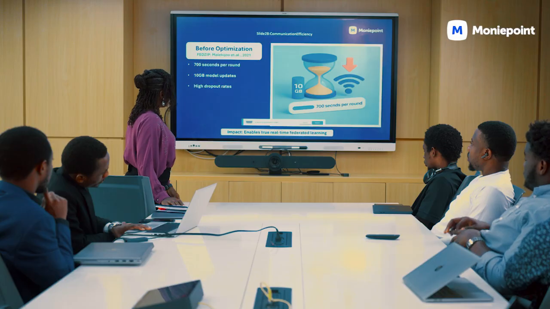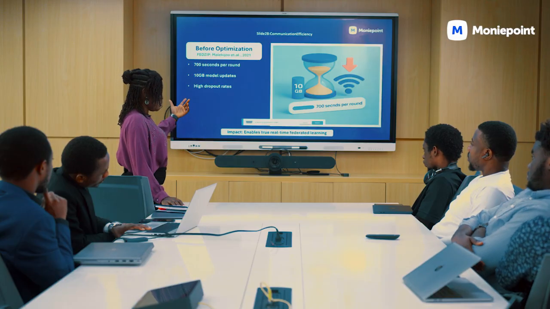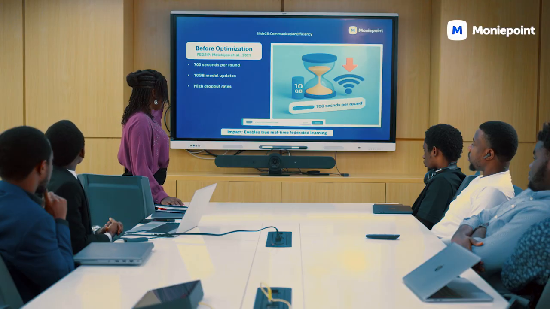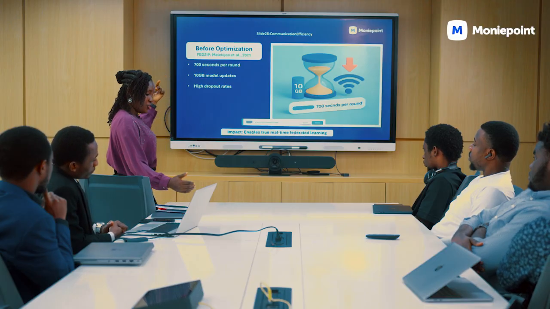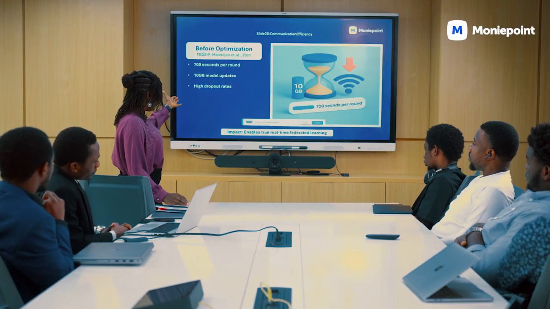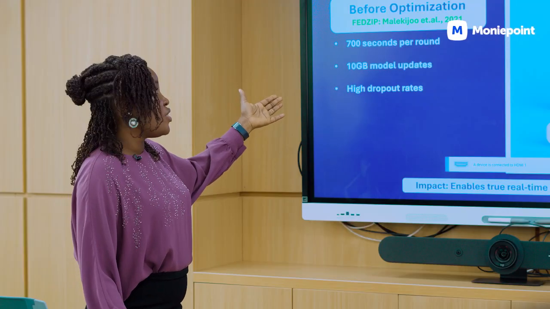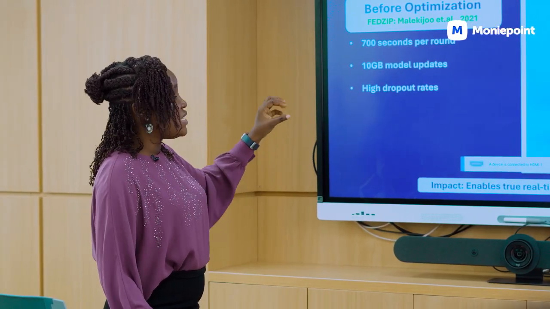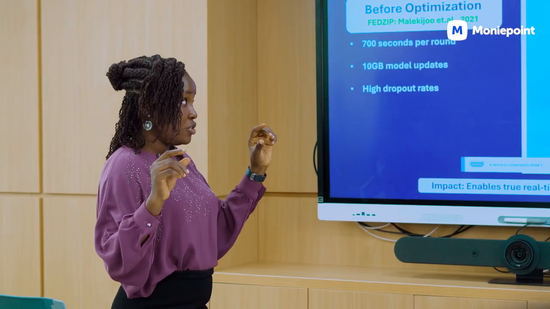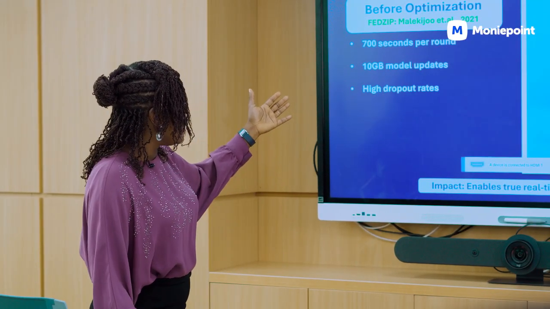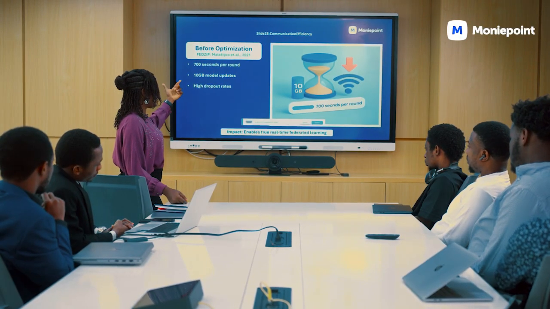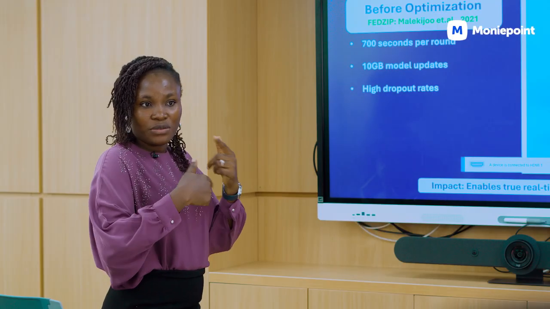Okay, so there is an optimization, and this is another work, not our work. There's a work referred to as FedZip, an optimization mechanism to reduce the communication overhead. They bring up their results here. They also use a federated graph neural network. When they implemented their communication optimization method, they discovered that before implementing it, they had 700 seconds per round. That means you have different rounds when training your model.